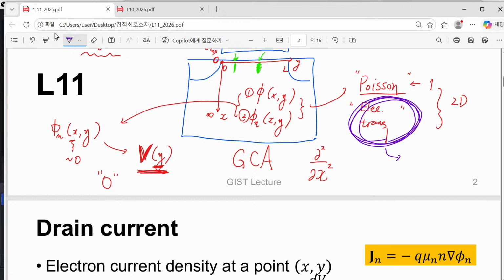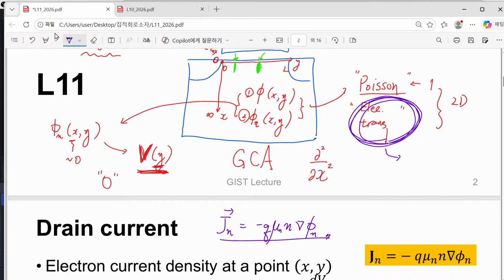Maybe, if you are following my lecture correctly, you can say this one. Okay, electron movement is just described by this simplified form. So yes, if we have this form, then that corresponds to the current density.